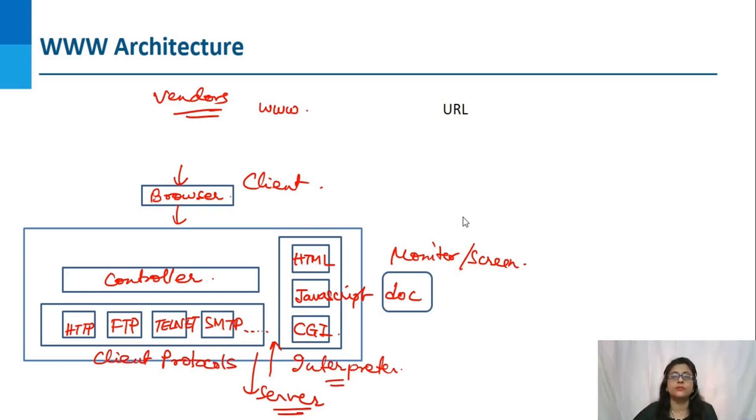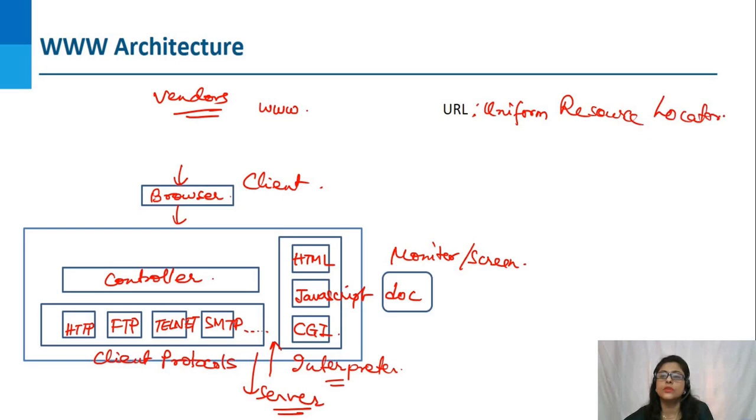What is the URL? URL means Uniform Resource Locator. As defined earlier, this Uniform Resource Locator is a unique identifier for a web page.